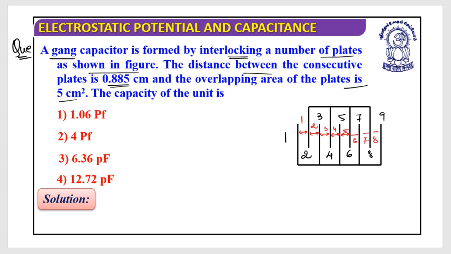If you observe very carefully, let's suppose I have connected this with a battery. Then you can say that alternate plates are connected. If I rearrange this, it could look something like this.